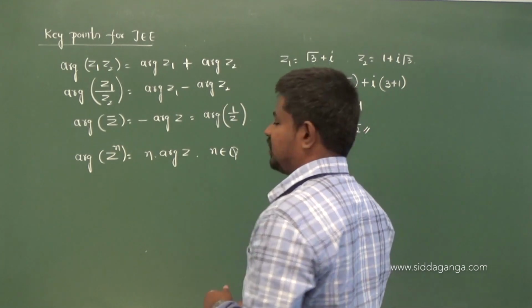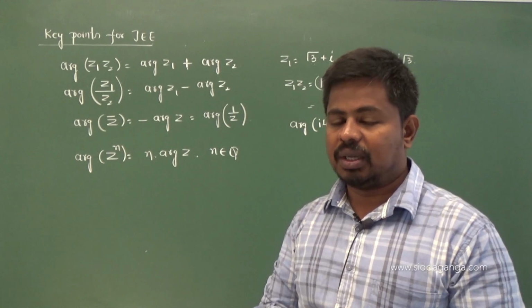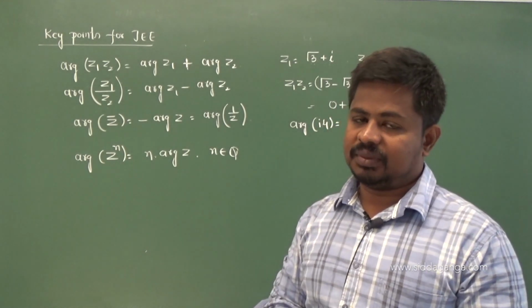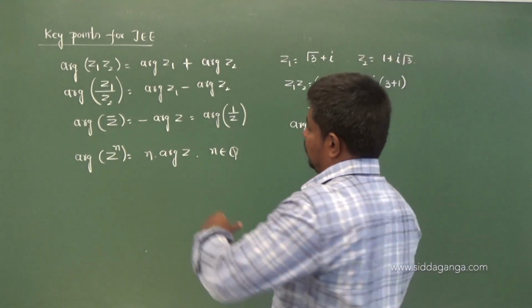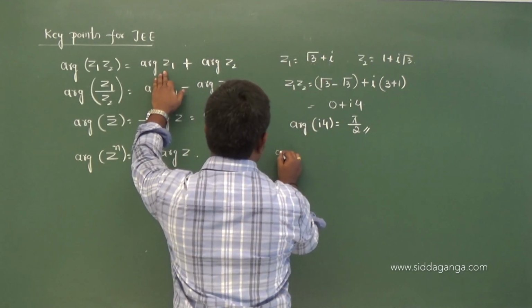In the last class, we discussed that the argument of a complex number on the positive y axis is pi by 2. Now, what happens to the argument of Z1?